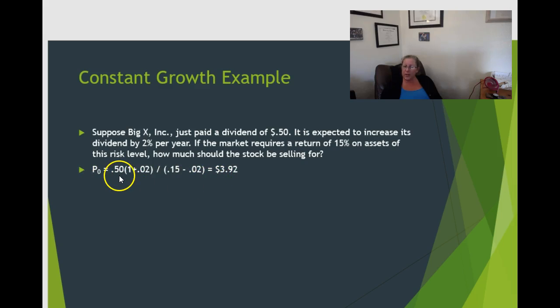If you know what the company paid in dividends, and you should be able to look this information up, and if you know the growth rate, you might be able to find that information too in the financial statements, in the notes to the financial statements, or in the investor's information. And then divide it by the market rate. So if you can determine what the market requires for a return on an asset of the same risk level, and then subtract your growth rate, you should be able to get a good idea of whether the stock is priced well.